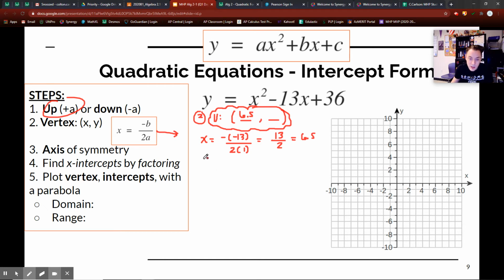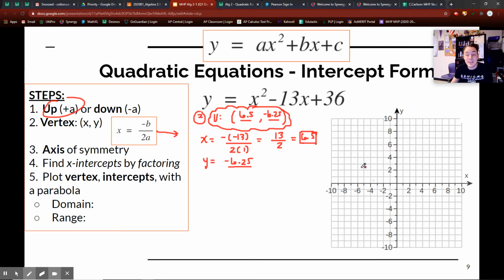And then if I plug 6.5 into my original equation, and I'll let you guys do that yourself, I get -6.25. This is my y value, and I'm going to put that right there, -6.25.